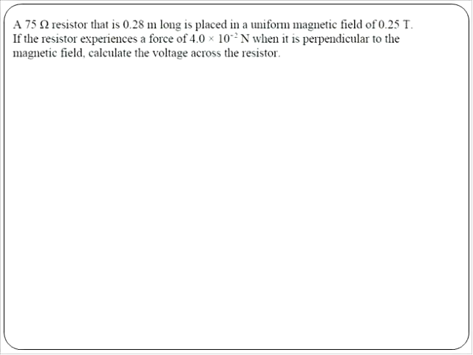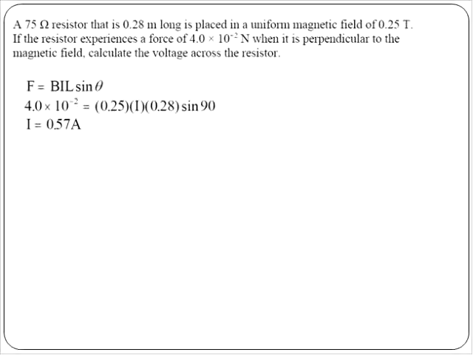What we're going to do is find the current first. We find the current first using F equals BIL sine theta, because we know the force, we know the field strength, we know the length of the resistor, and we know the angle is 90 degrees because it's perpendicular to the magnetic field. It tells us that in the question.